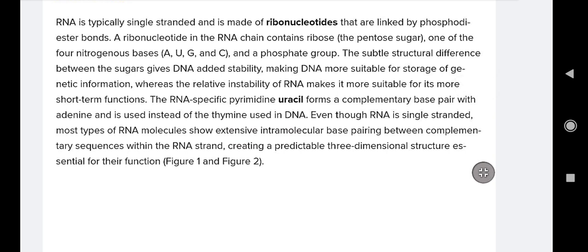Intra means within, they are base pairing with each other by complementary base pairing within the RNA strand, and it creates a particular, predictable three-dimensional structure of your RNA. As we have seen in tRNA, they are single strand, but they fold at particular positions by complementary base pairing.